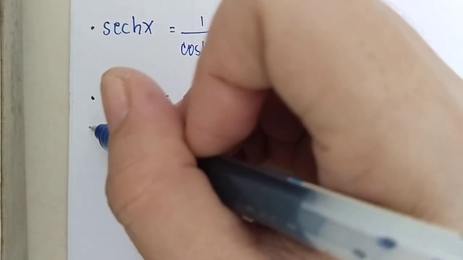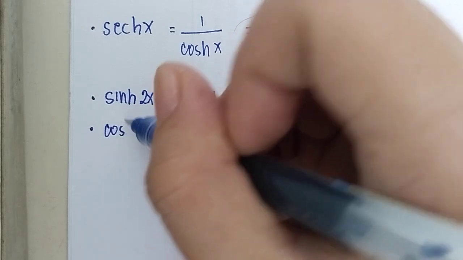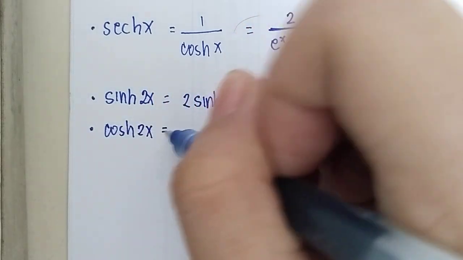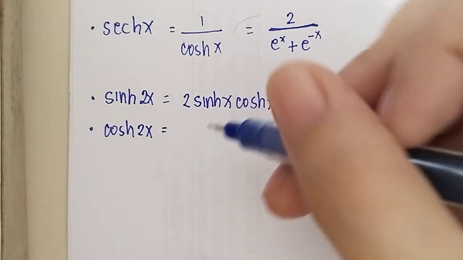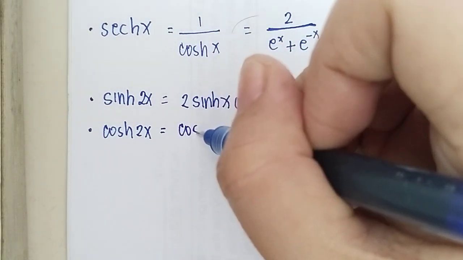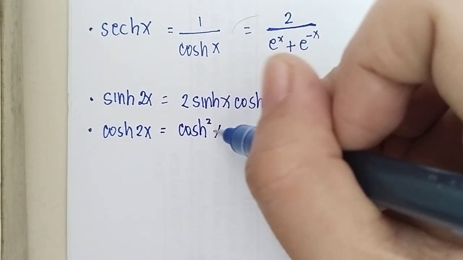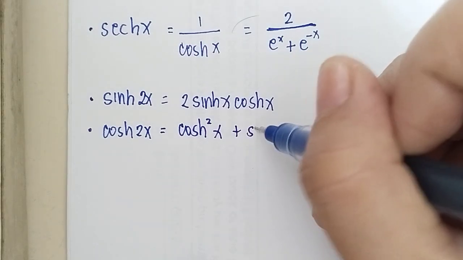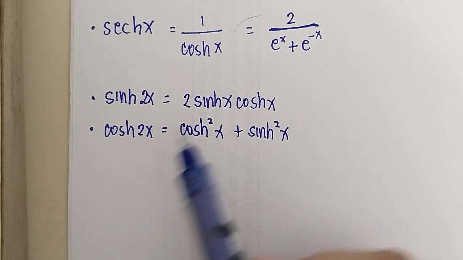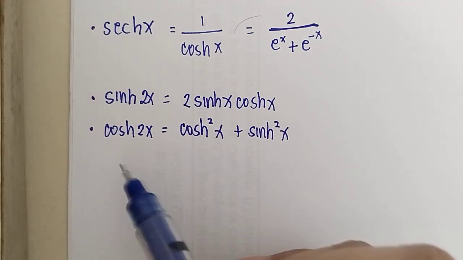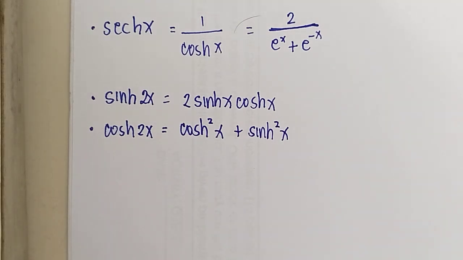Okay, for the hyperbolic cosine of twice the angle naman. Kung before, ang cosine 2x is cosine squared minus sine squared. Ito, plus na siya. So, square of the hyperbolic cosine plus square na siya ni hyperbolic sine. So, take note, ito yung isa sa naging pagbabago when it comes to the hyperbolic.